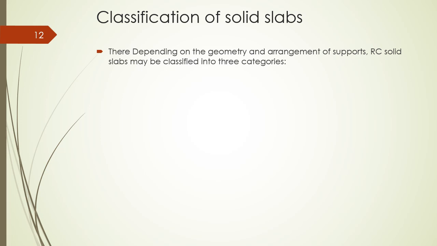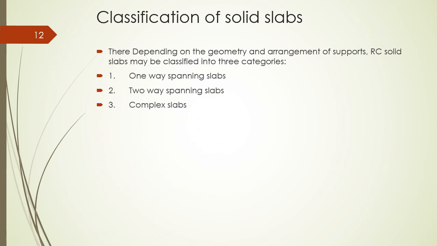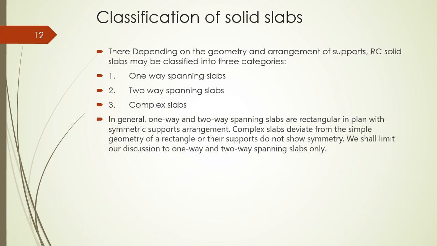Depending on the geometry and arrangement of supports, solid slabs may be classified into three categories: one-way spanning slabs, two-way spanning slabs, or complex slabs. In general, one-way and two-way spanning slabs are rectangular in plan with symmetric support arrangement. Complex slabs deviate from the simple geometry of a rectangle, or their supports do not follow it. We shall limit our discussion to one-way and two-way slabs only.